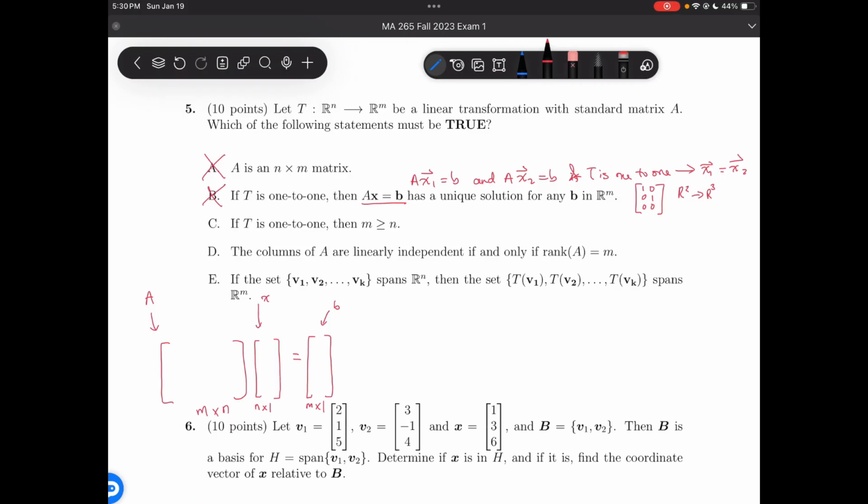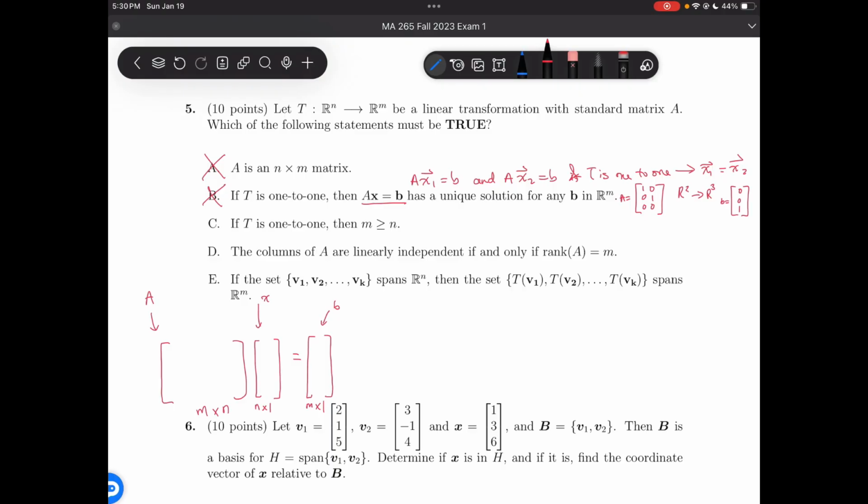However, there are plenty of vectors in R3 that don't have a corresponding solution in R2. For example, we could say this is A, and a counterexample could be 0, 0, 1.